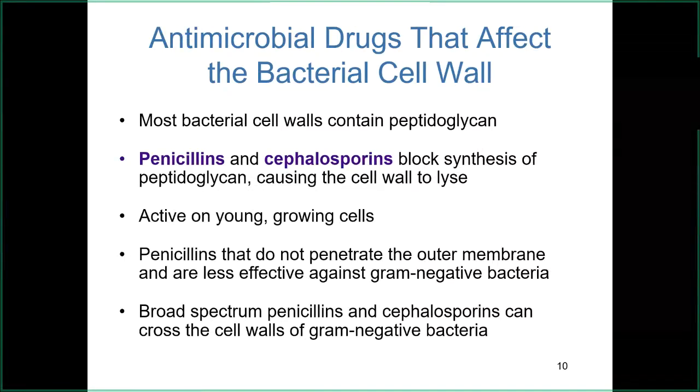And if that's weakened, regardless of whether it's gram positive or gram negative, that cell is not going to be able to maintain integrity. It's now so weak that if it takes on extra water, if it finds itself in a hypotonic surrounding environment, which is generally the case, it'll take on water and the cell will lyse, which literally means that it explodes, it bursts.